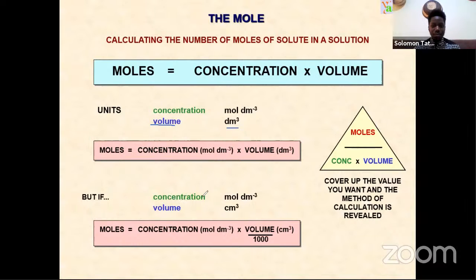And if the volume is given in centimeters cubed, then we divide our volume by 1000. Okay, this helps us convert the centimeters cubed to the decimeters cubed that it is supposed to be. Therefore, here moles would be concentration times volume over 1000. That's where the 1000 comes from.